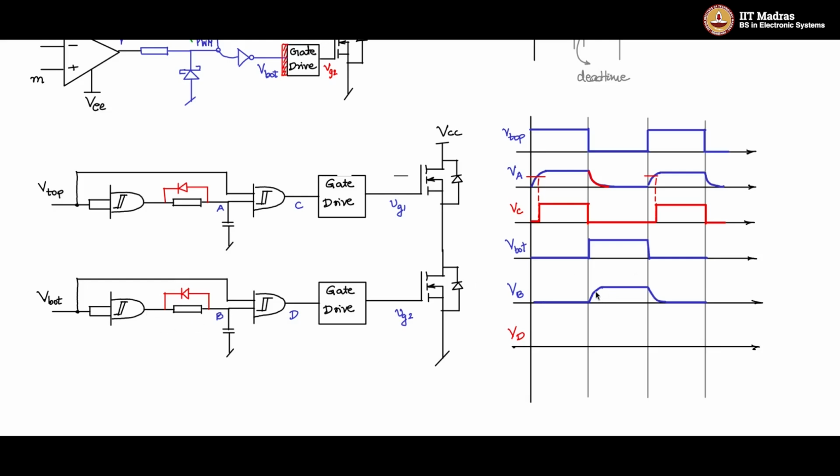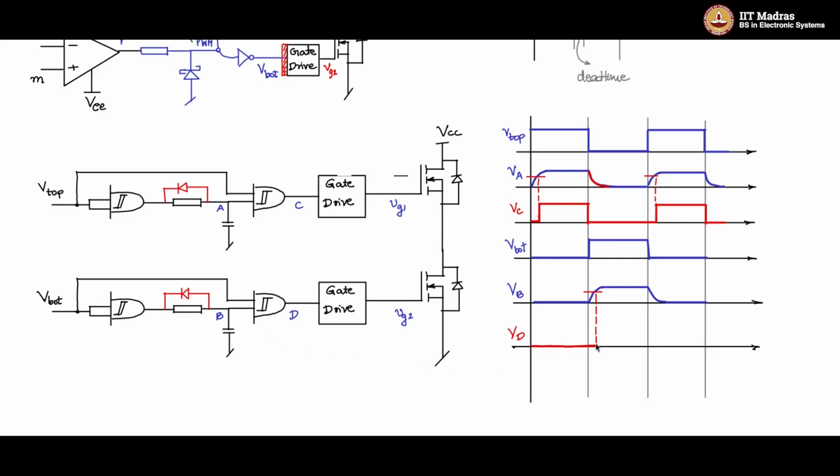Now let's say the trip point for this turn on part is here for the Schmidt, and if I bring down the time projection, the VD will go high when both this crosses the trip point and this is also high.